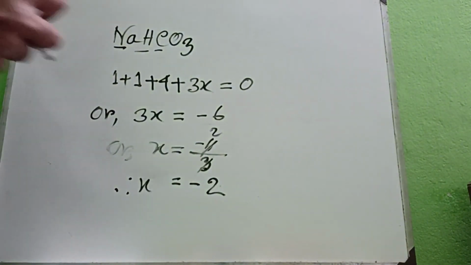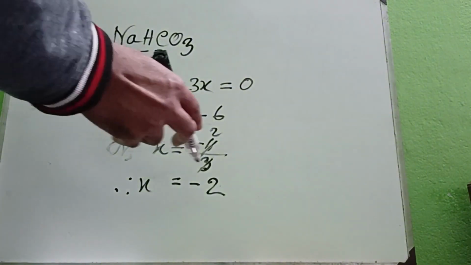So valency of oxygen equals to negative 2.